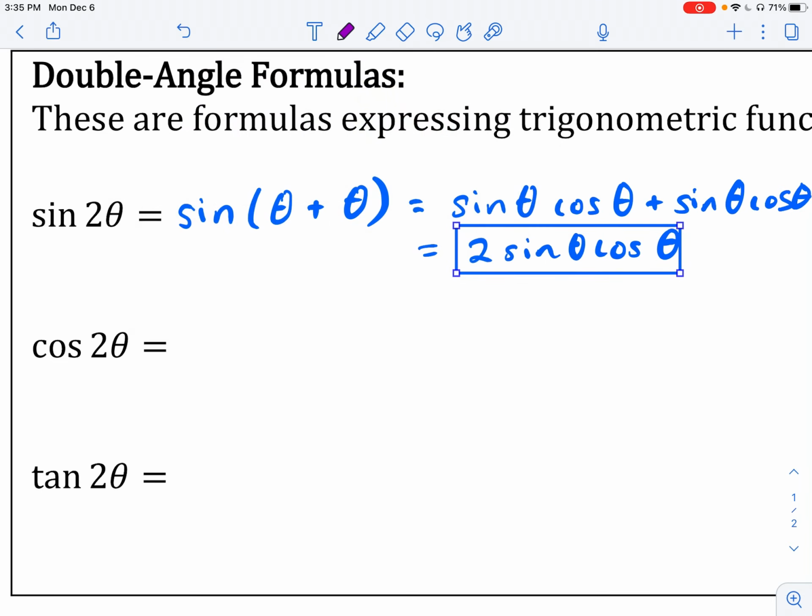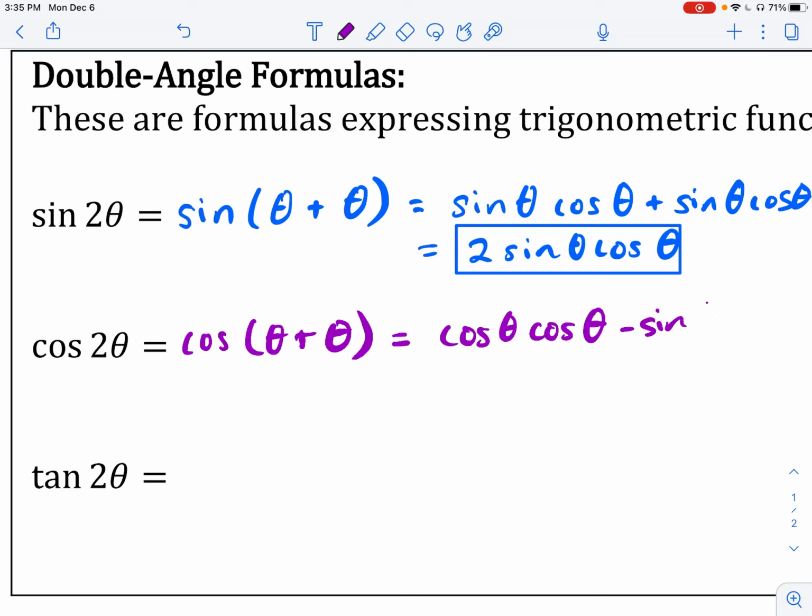What about cosine of 2 theta? Take a moment and see if you can derive it. Well, cosine of 2 theta, again, is theta plus theta. Using the sum formula for cosine, we'd write this as cosine theta times cosine theta, not plus, but minus sine theta sine theta.